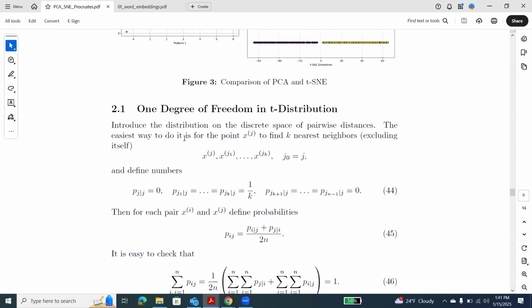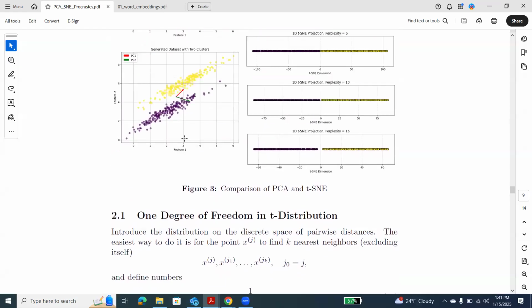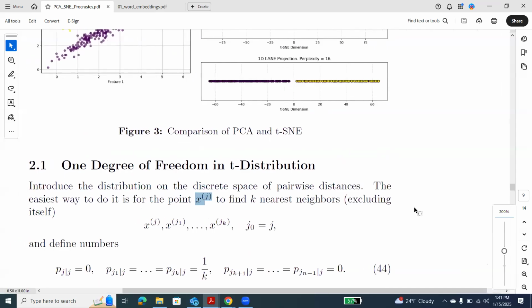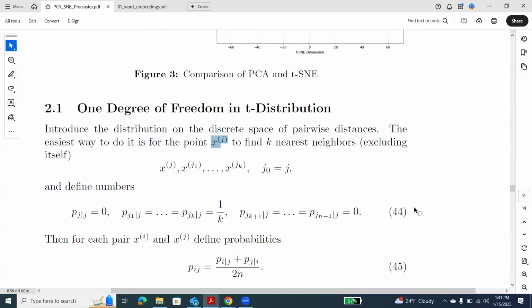Okay, so let's talk about the idea of t-SNE. Let's say we have a point X. Then we can find the distances from this point to all other points in our data set, like in k nearest neighbors, and then sort these points by the distance.